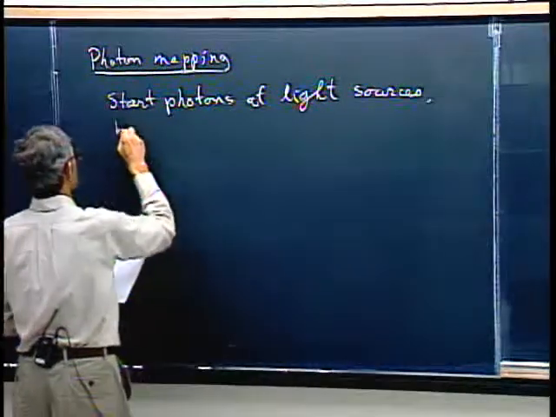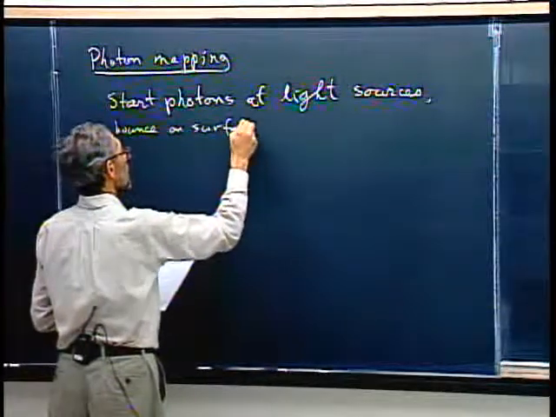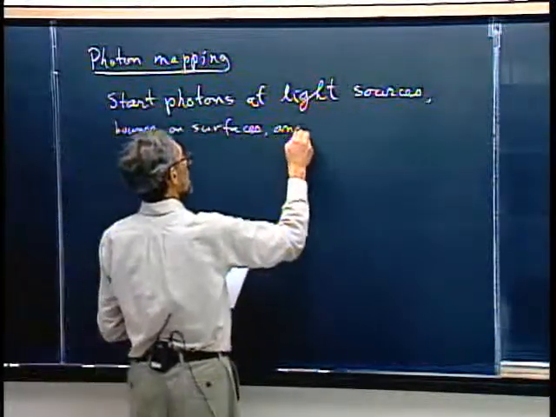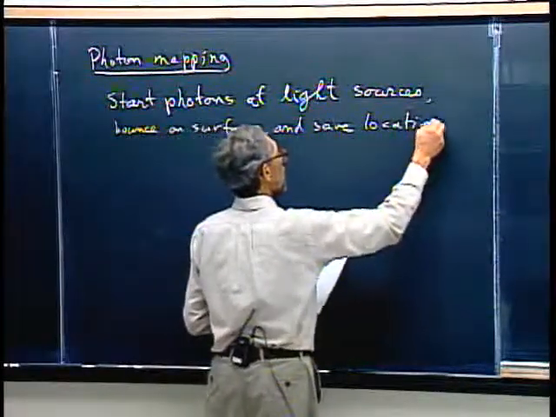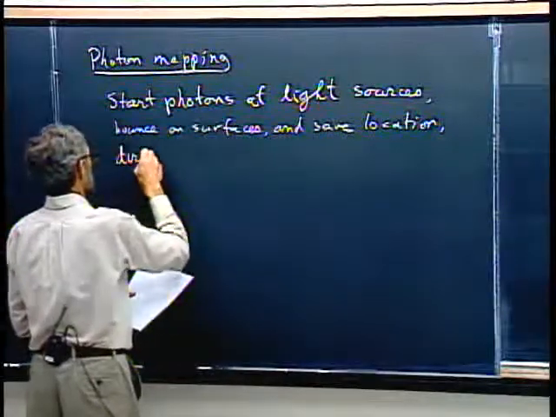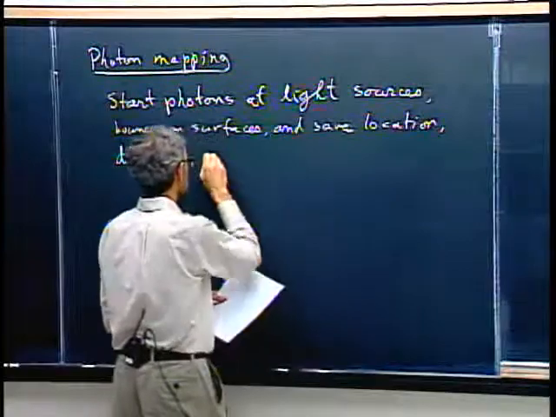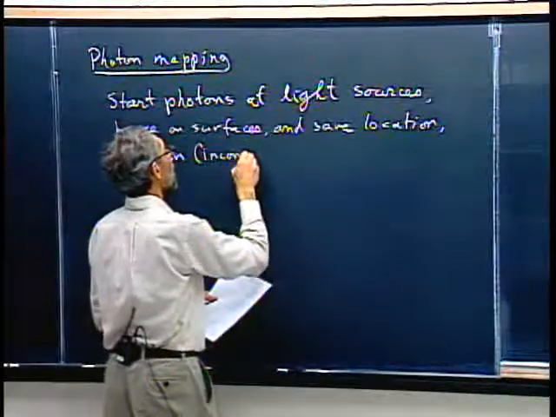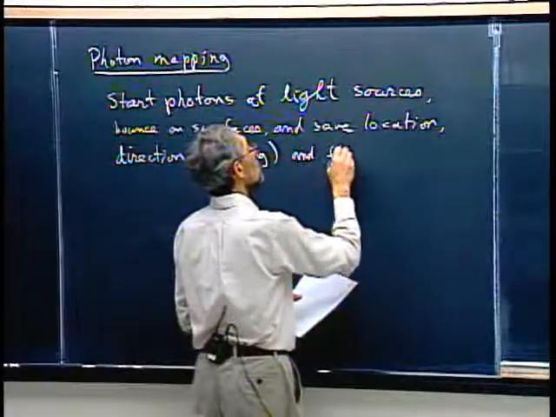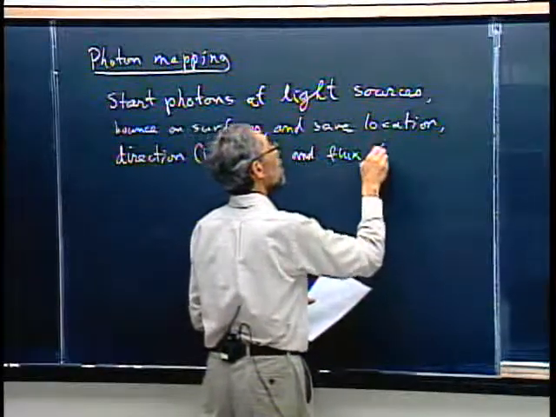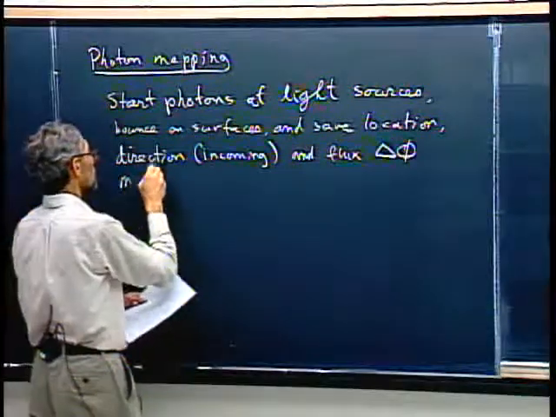They bounce on surfaces and save location, direction. I should say incoming direction. And flux, which could include color. On diffuse surfaces.